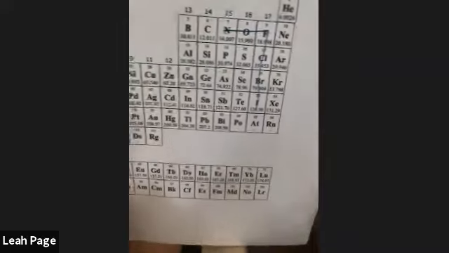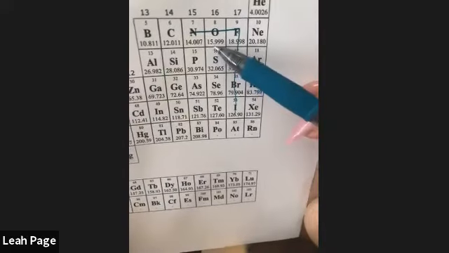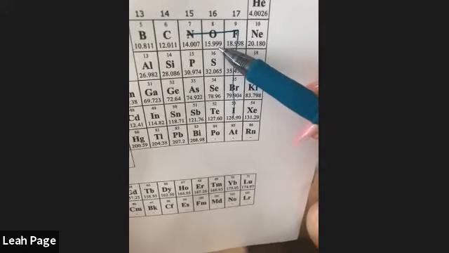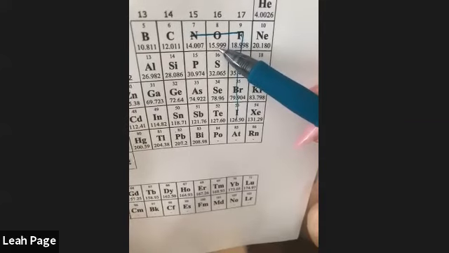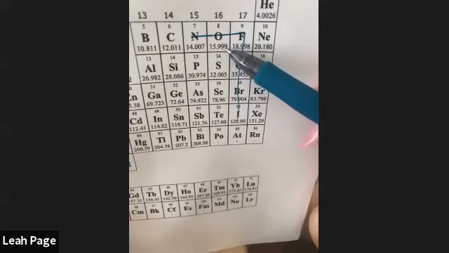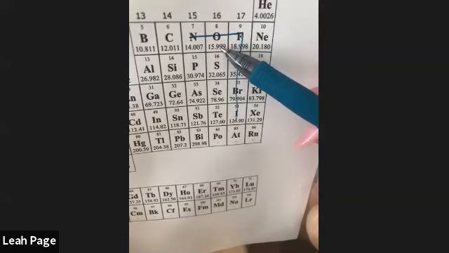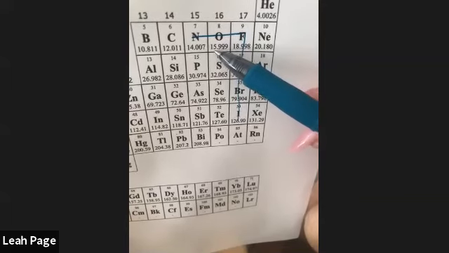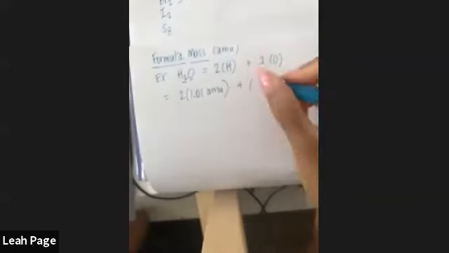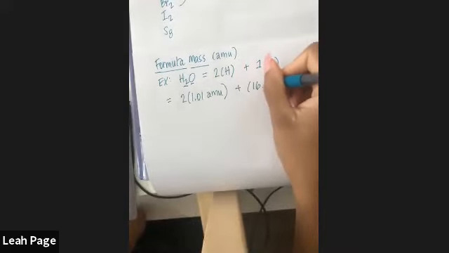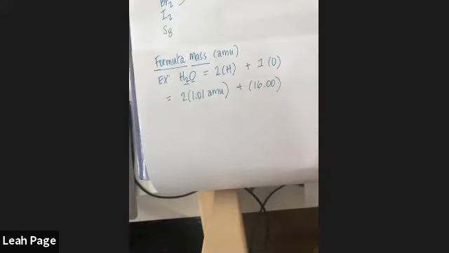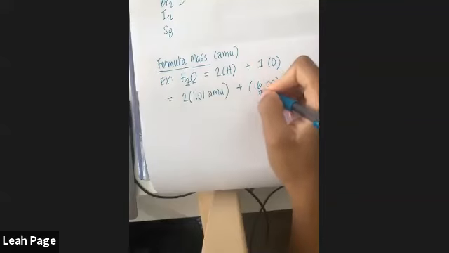The mass of oxygen, when we look at it, we go to O, which is number 8. It says 15.999. When we round it up to 2 decimal places, that means this 9's gonna turn this into a 0, gonna turn this into a 0, gonna turn this into 6. We end up getting 16 for the mass of oxygen. And it should be AMU as well.